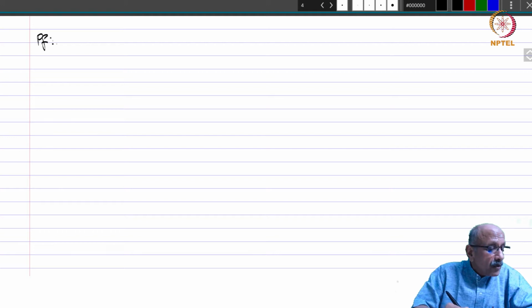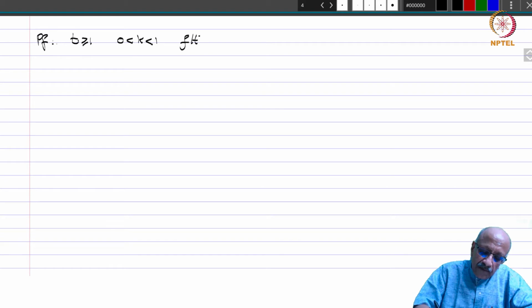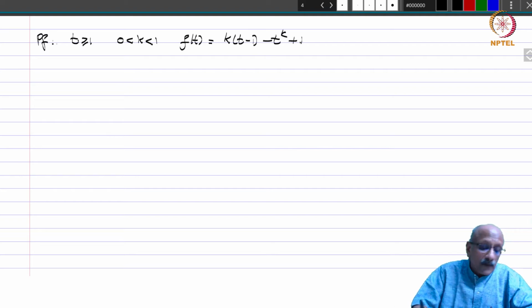Okay, so let t be bigger than or equal to 1 and 0 < k < 1. Look at the function f(t) = kt − 1 − t^k + 1... Then what is f'(t)? This is nothing but k(1 − t^(k−1)).